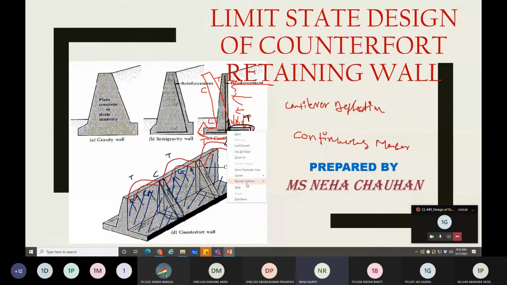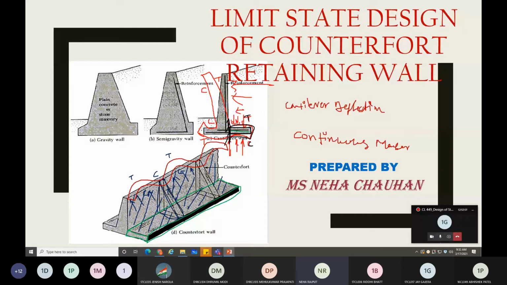So what is happening over here? Again, this is your heel part, right? And throughout the length, this is your heel.